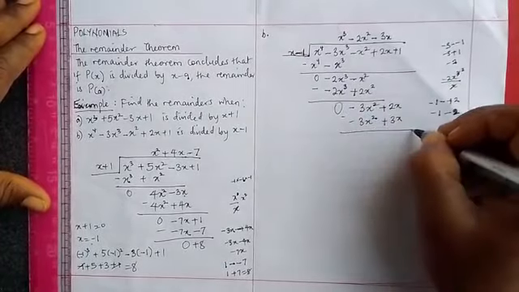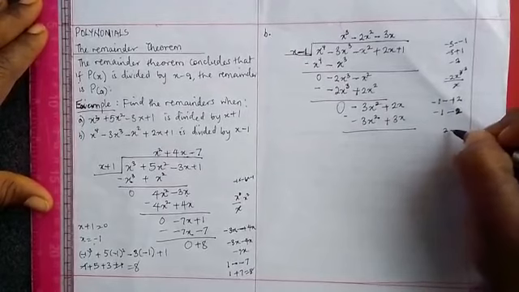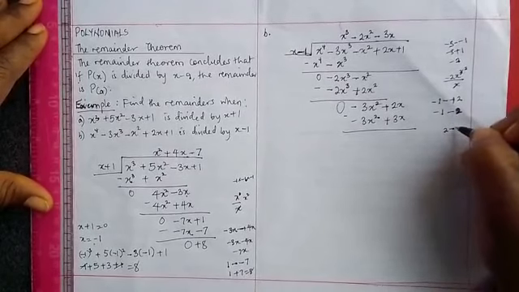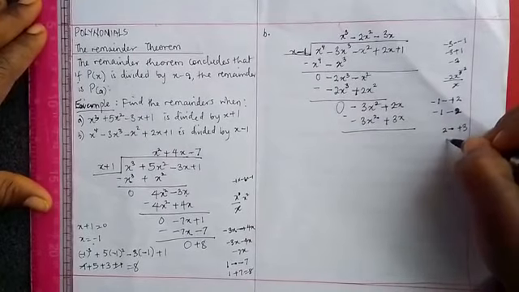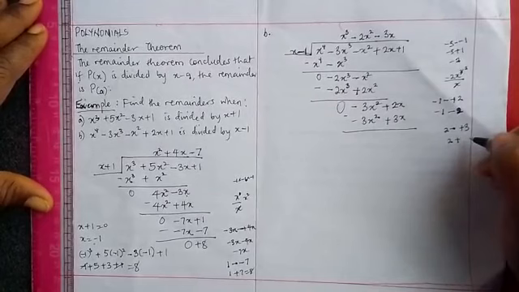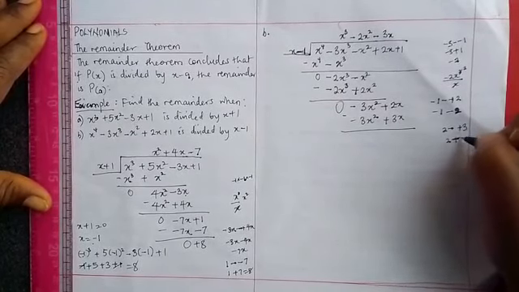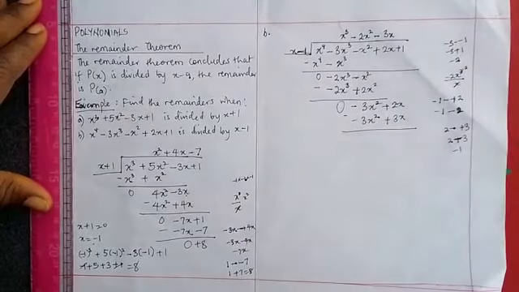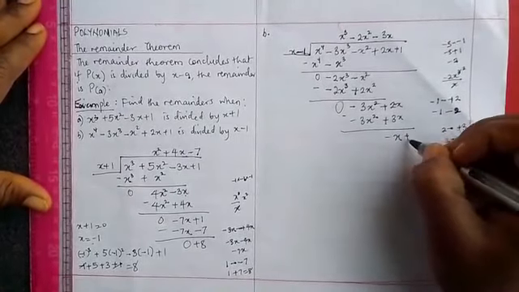Subtract again. So what we have here is 2 minus plus 3. So we have 2 minus times plus is minus 3. So we have minus 1. So what we are left with here is minus x. Then you bring down the next number, which is 1.